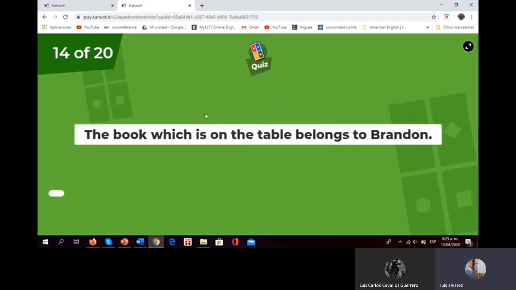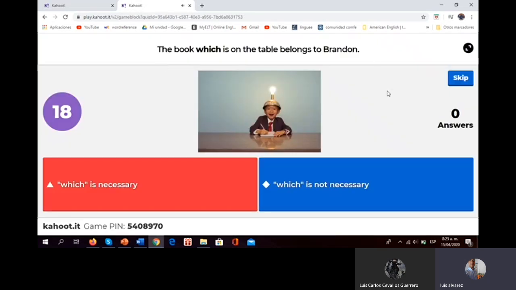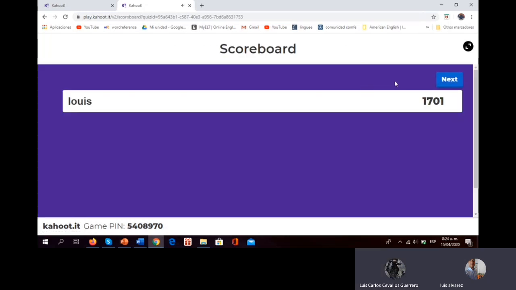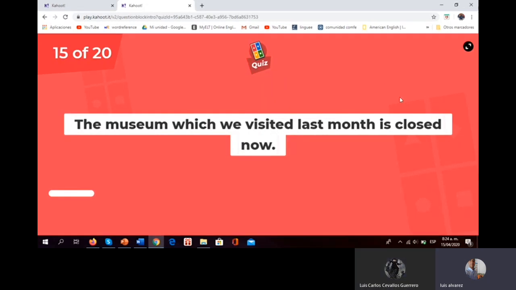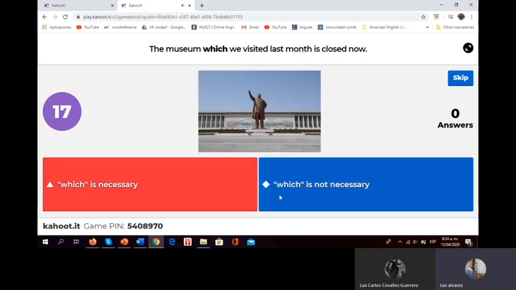Now our next question is this: the book which on the table belongs to Brandon. Which is necessary or not necessary to have the idea of the sentence? Yes, it's necessary. All right. The museum which we visited last month is closed now. Which is necessary or not necessary?